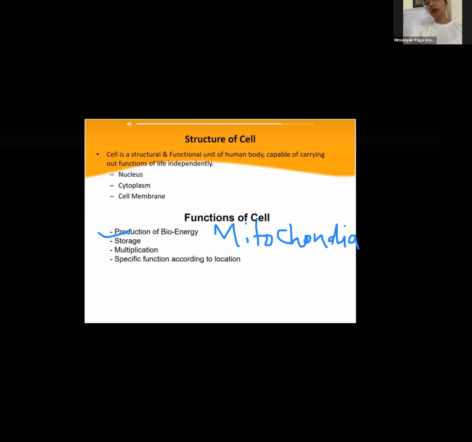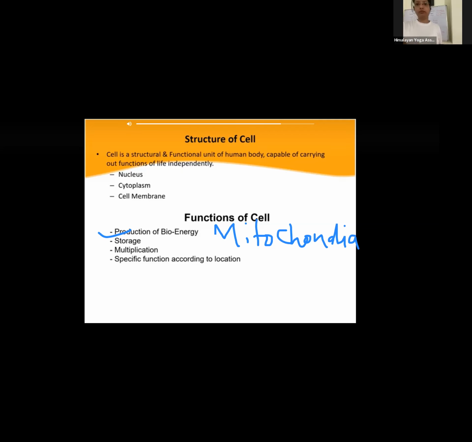Then specific according to location. We have different types of cells in the body. Like in the digestive system, we have digestive cells. In the nervous system, we have neurons. In the kidney, we have nephrons.